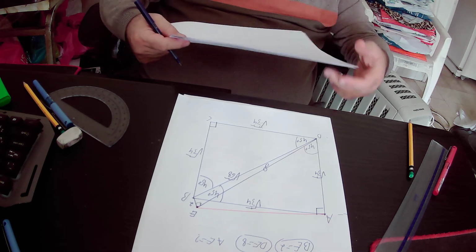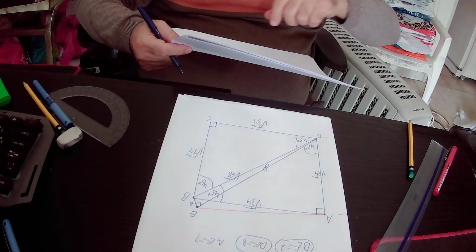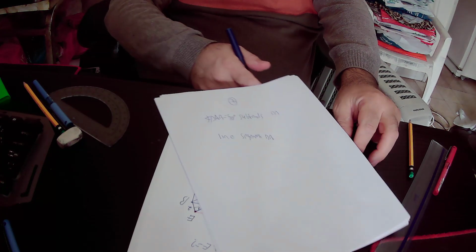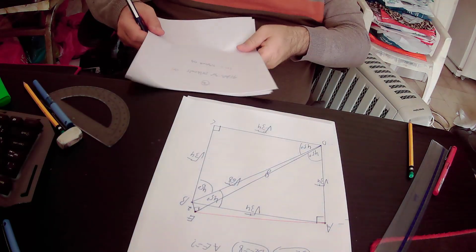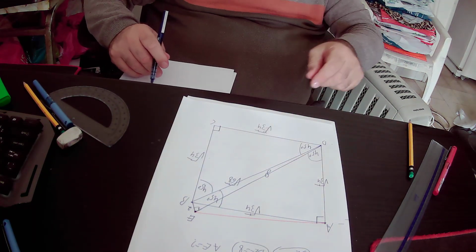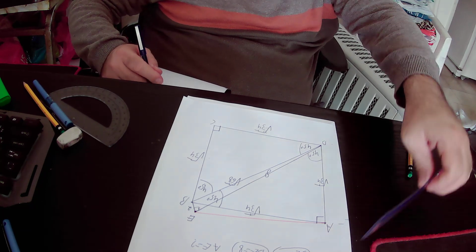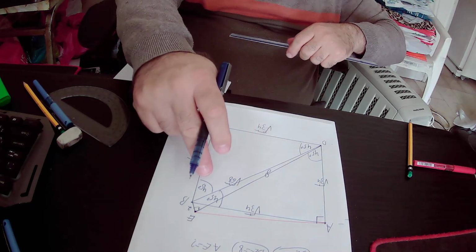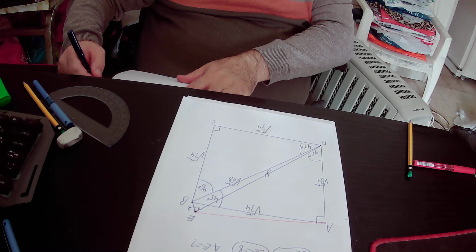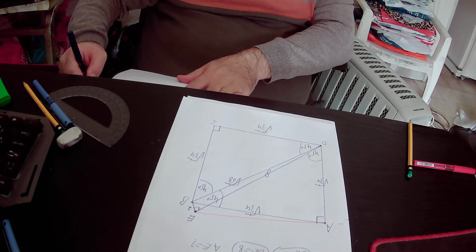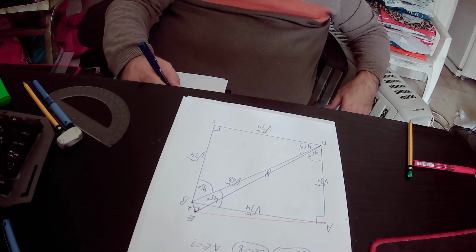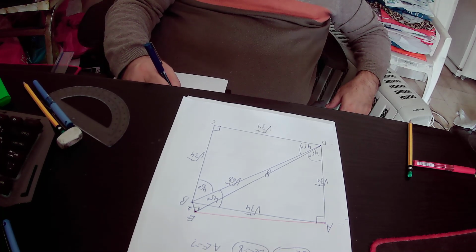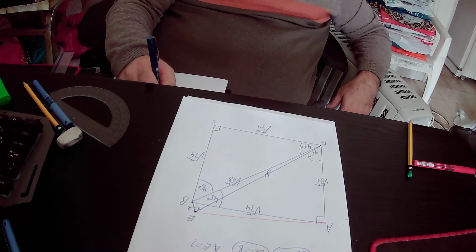Okay, angle DAB, this angle that equals 90 degrees, subtends on line segment DB. And we also have angle DEB that also equals 90 degrees.